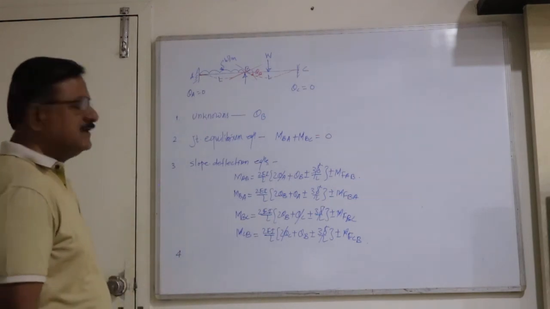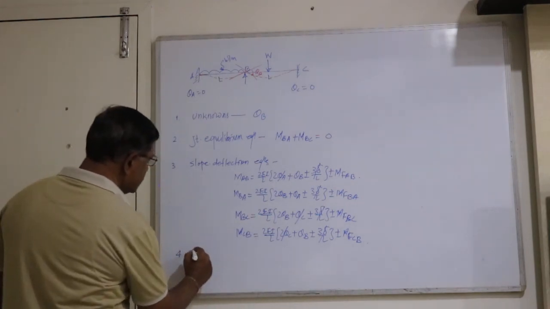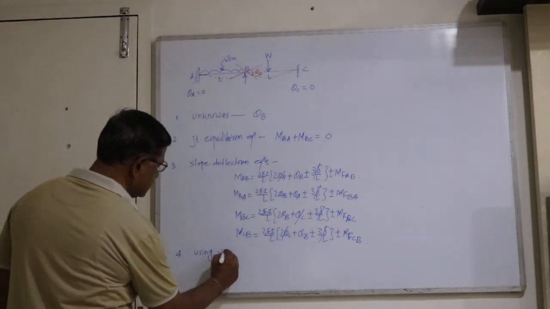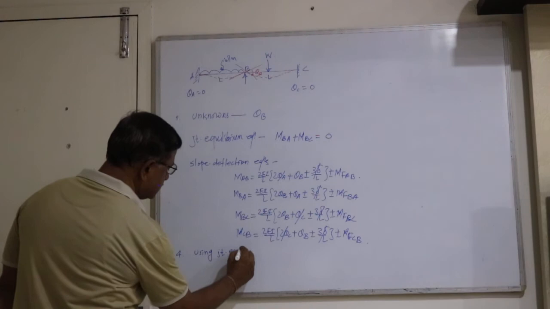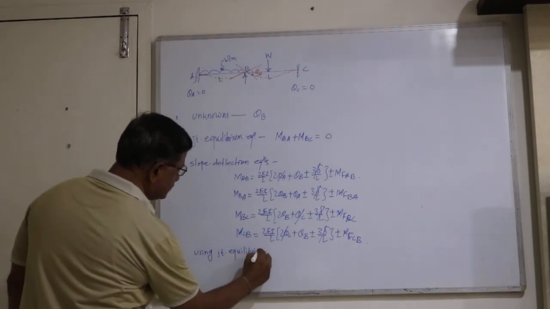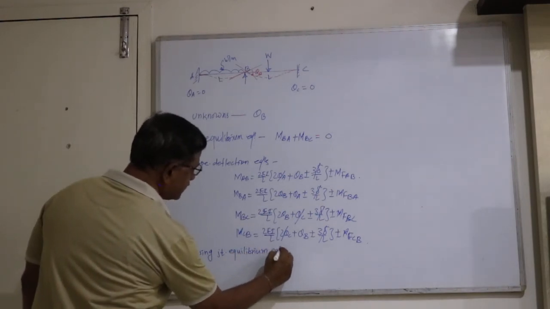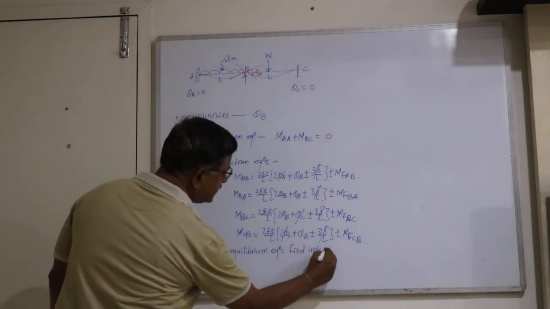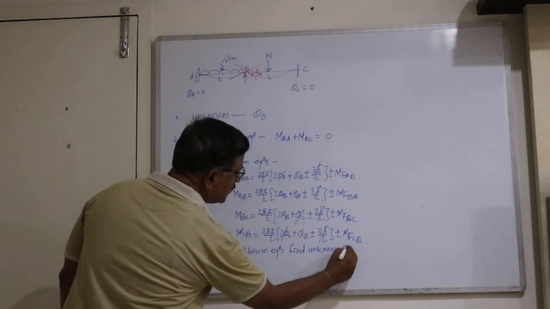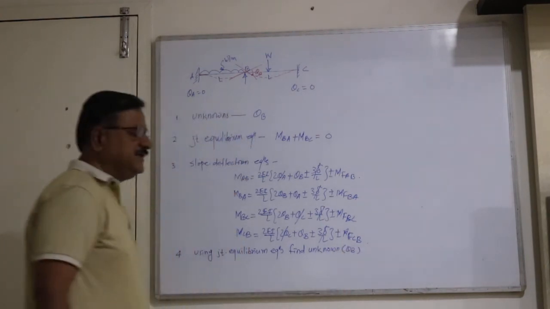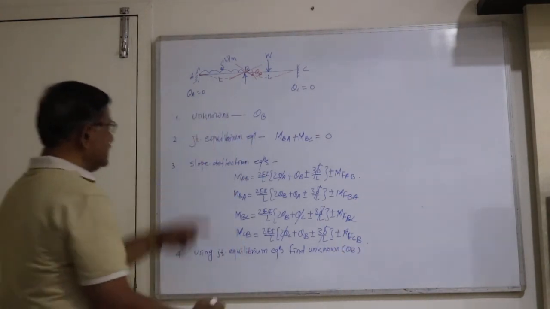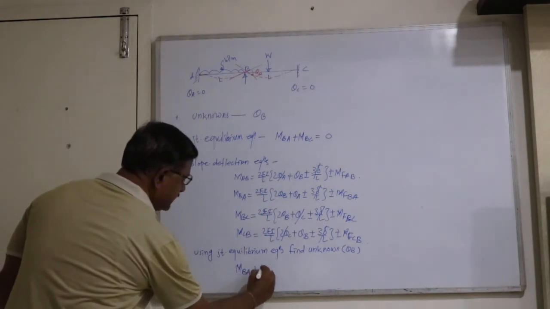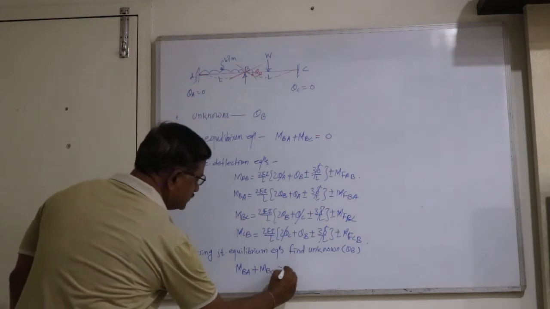Now the fourth step: using joint equilibrium equations, find unknowns. Here the unknown is only one, theta B. The joint equilibrium equation is MBA plus MBC equal to 0.